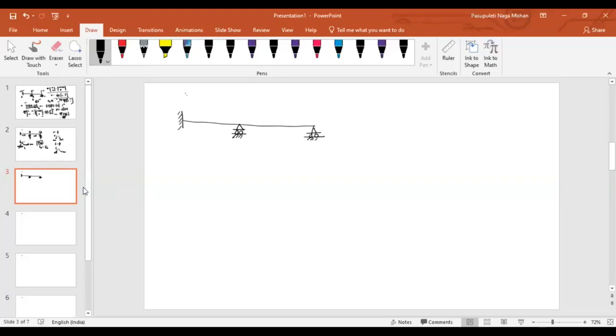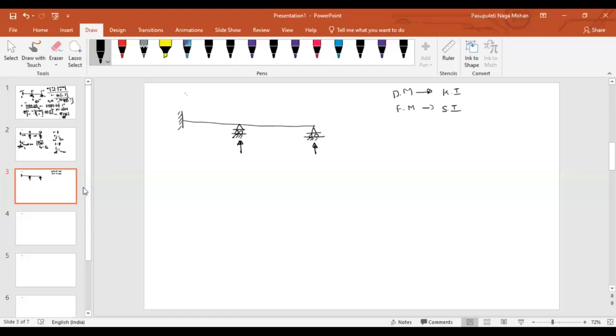Now let us take a beam. What is the static indeterminacy first of all? If I want to solve it using the displacement method, what are the unknowns that I have to consider? Kinematic indeterminacy. If I want to solve it using the force method, we have already discussed, we have to take the static indeterminacy.